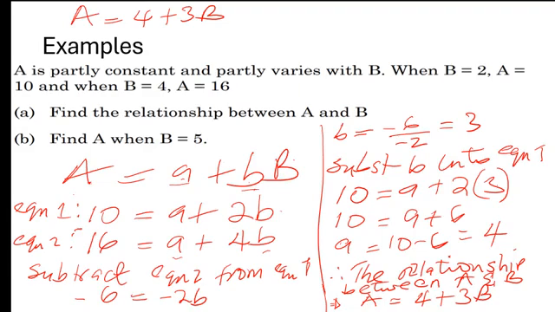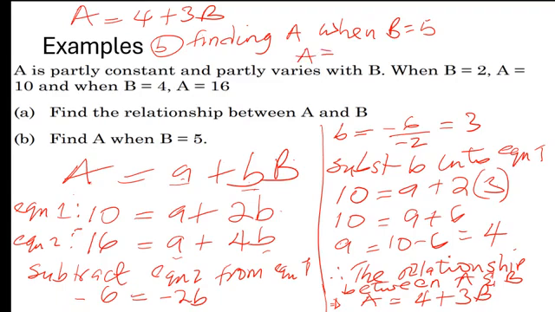Then part B of the question: finding A when B is equal to 5. Since A is equal to 4 plus 3b, when this B is equal to 5, what will be the value of A?